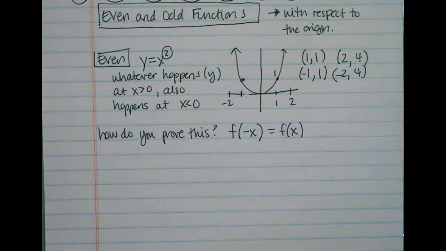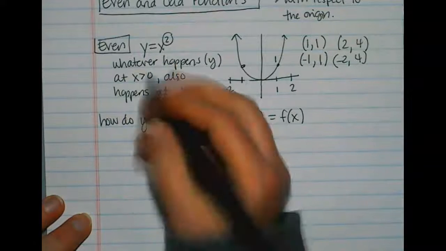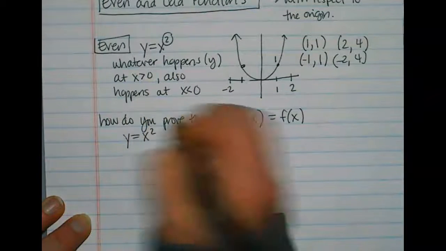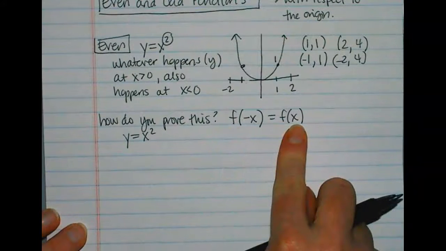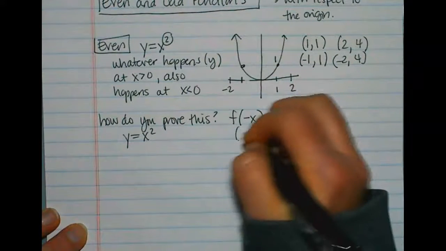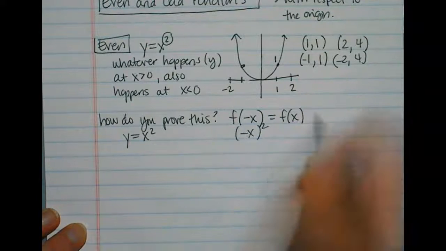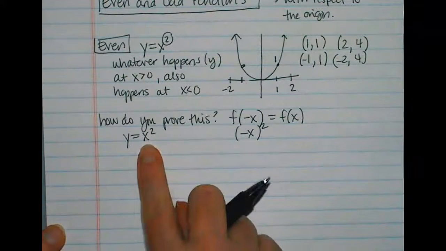Let's test it with some stuff. Let's test it with this one just because it's here. Y equals x squared. We're going to test it with this notation. So I'm going to plug in negative x into x squared. So this is x squared, something squared.